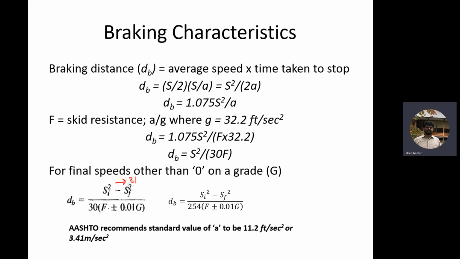So this becomes the final speed. Again, you need the initial now. The braking distance is 100 feet, and F value is 0.35. No gradient, G is 0.